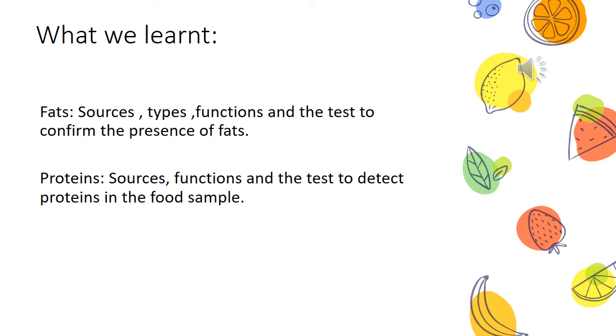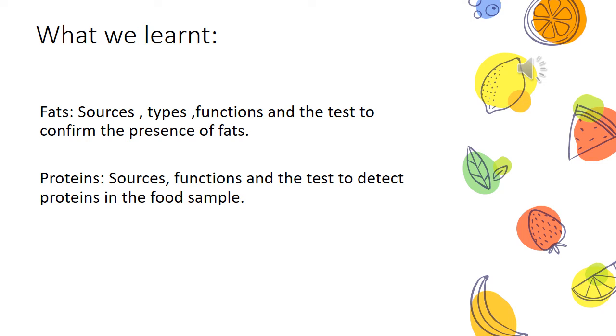Okay students, let's stop today. Let's recap what we have learned today. We have learned about two major components of food, fats and proteins, where in fats we have seen the sources, types and functions of fats. Also we have seen the test to detect the presence of fats in the food sample.